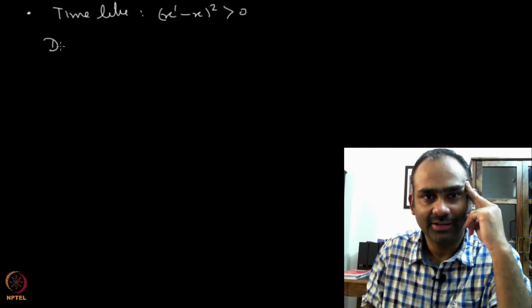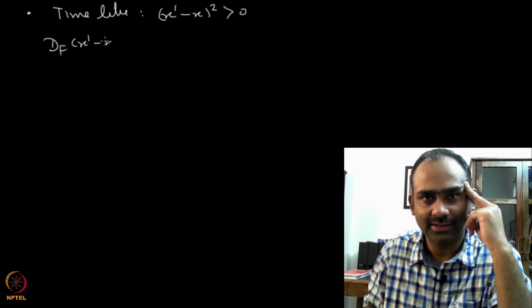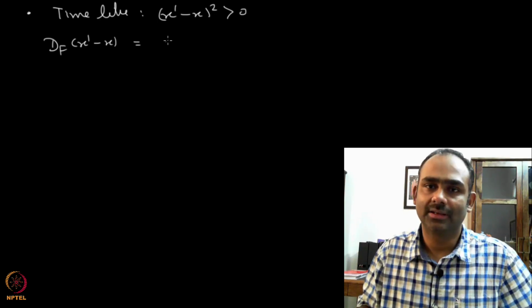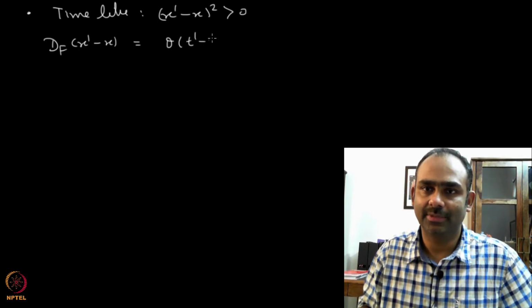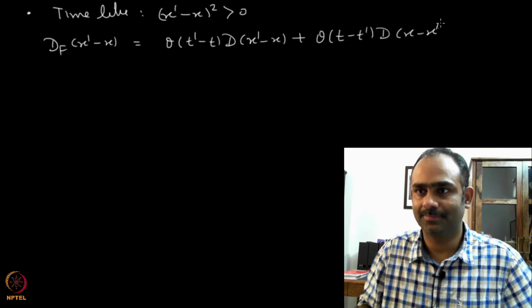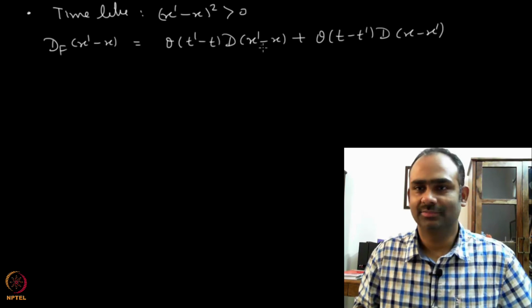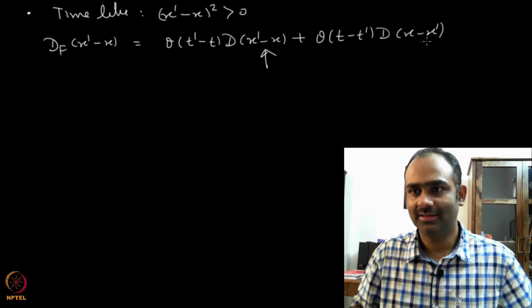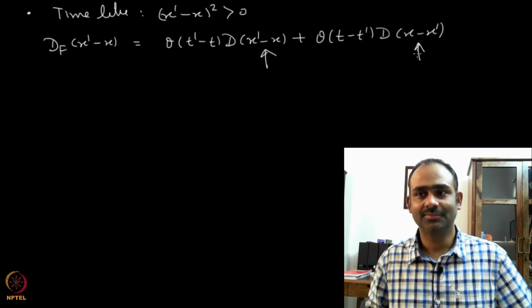You have df x prime minus x is equal to theta of t prime minus t, d of x prime minus x plus theta of t minus t prime, d of x minus x prime. Now, this is Lorentz invariant, this is Lorentz invariant.